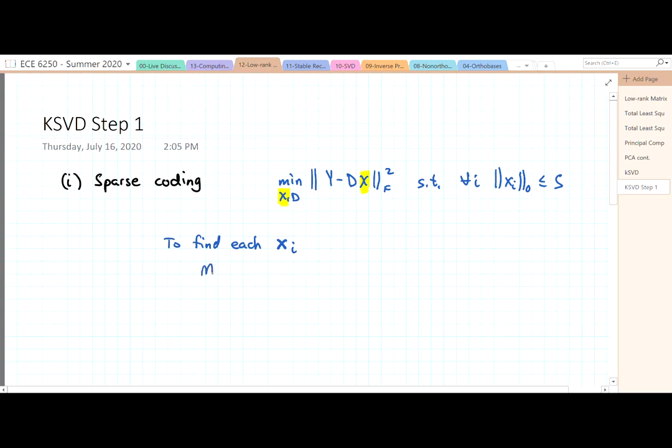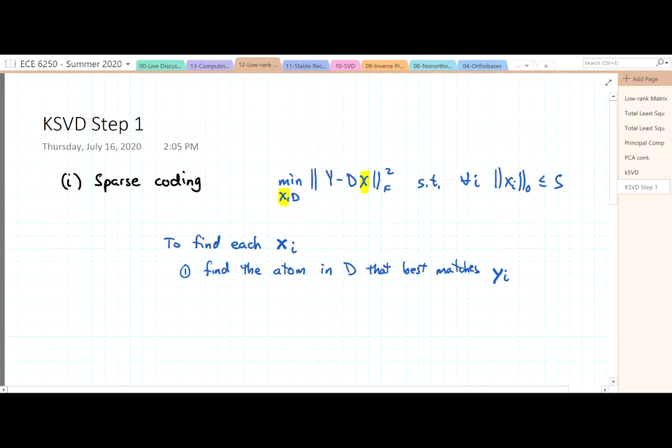Let's do this: 1, find the atom or column or vector in D that best matches y sub i.